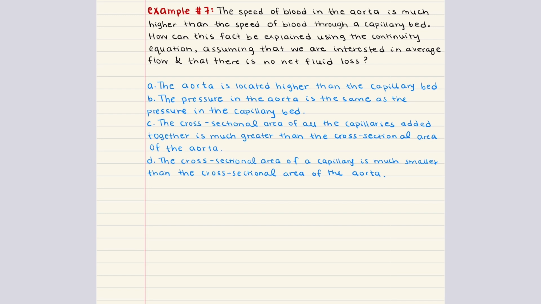Now, the continuity equation states that for an incompressible fluid like blood flowing through a closed system, the flow rate remains constant. Mathematically, the continuity equation is expressed as A1 V1 equals A2 V2. Here, A1 is the cross-sectional area at one point, such as in the aorta, and V1 is the velocity at that point.